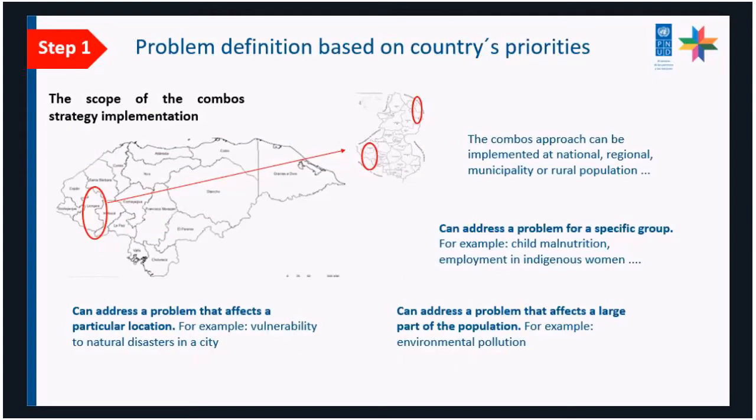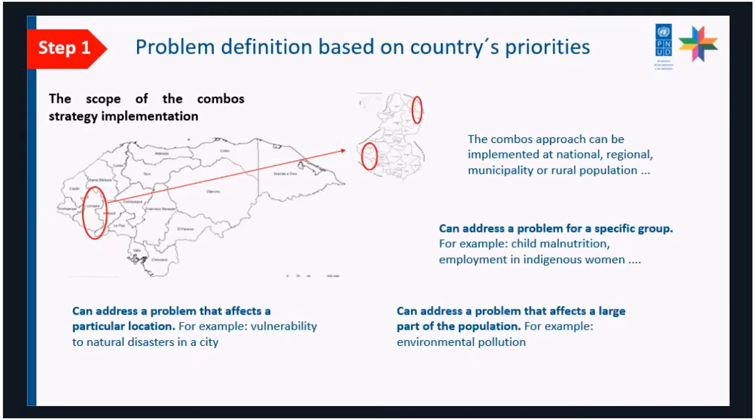A question that is always asked is what the scope of the combo is and what kind of population we want to reach. As with the problem definition, the scope of the combo depends on the kind of problem and on each country's context. The combo approach can be implemented at the national, regional, or municipality level.